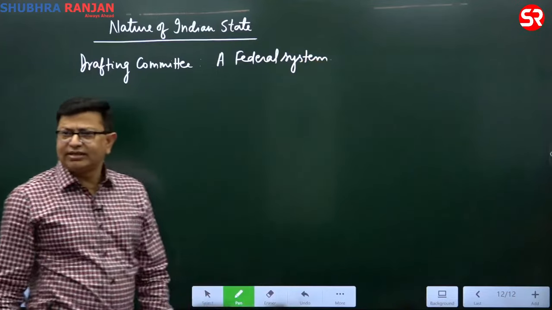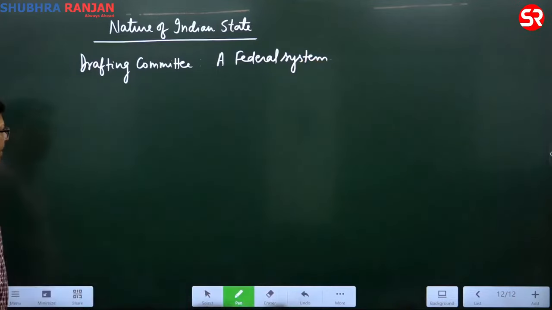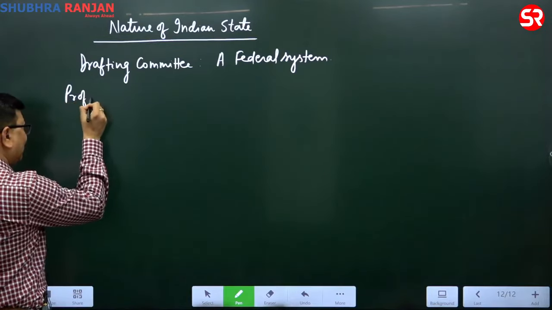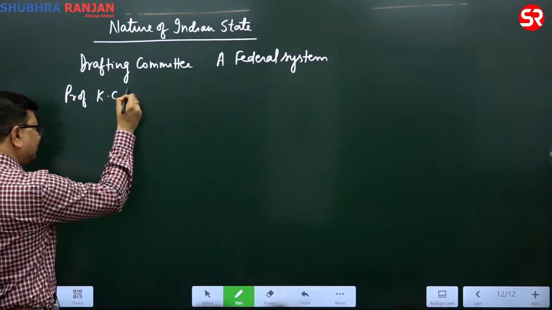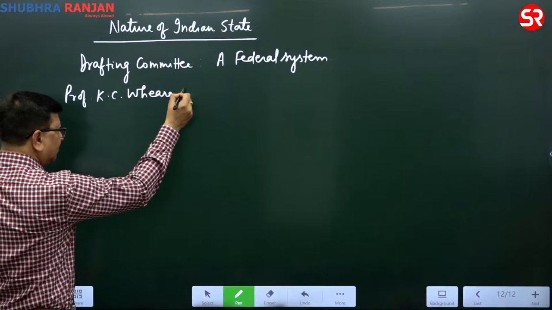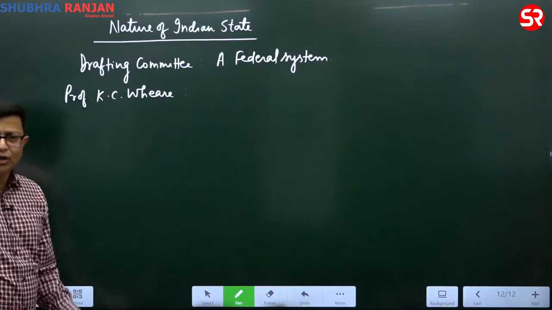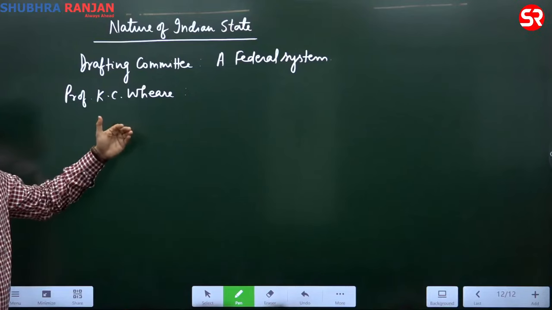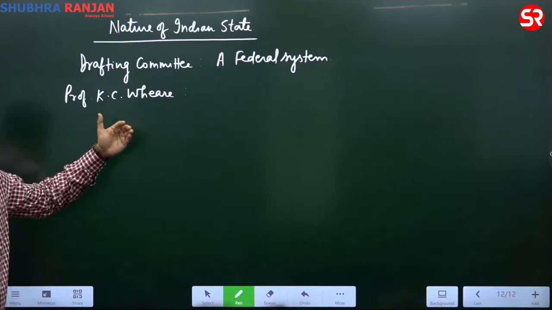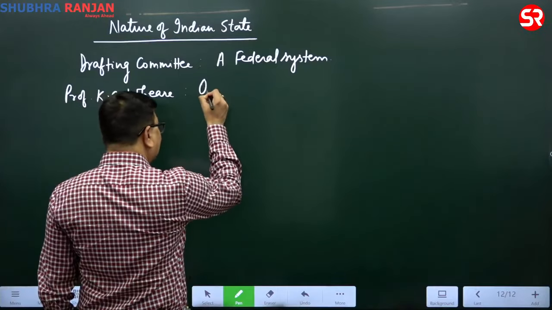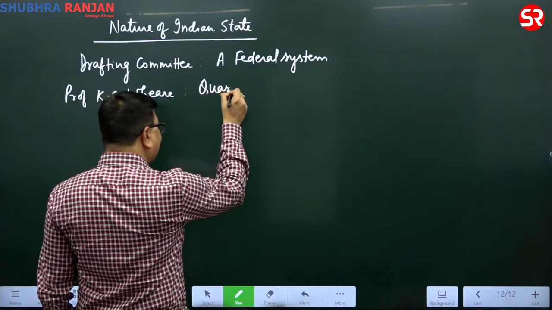Whereas Professor K.C. Wheare, he had looked into the working of, he had analyzed the different provisions of the constitution, the working of the federalism, and he was of the opinion that India was quasi-federal.